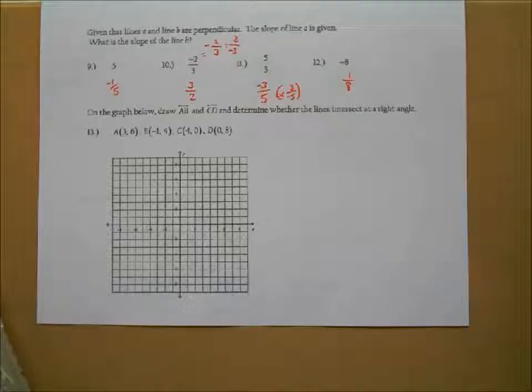Okay. Go ahead, try number 13 there on your own on the graph below. Draw lines AB and line CD and determine whether the lines intersect at a right angle. Okay, so go ahead and try that. I'll do it too.